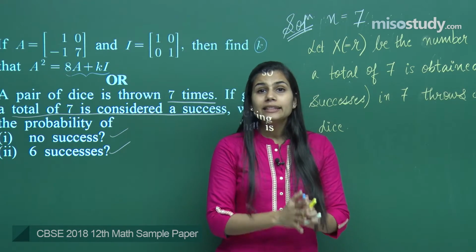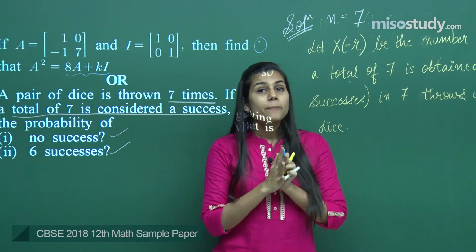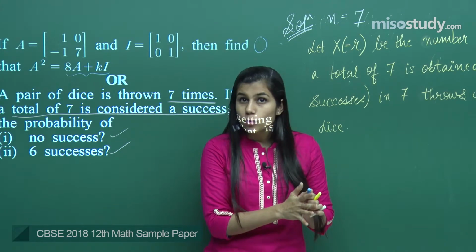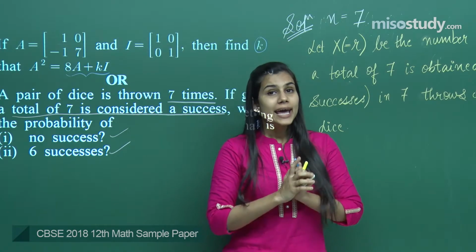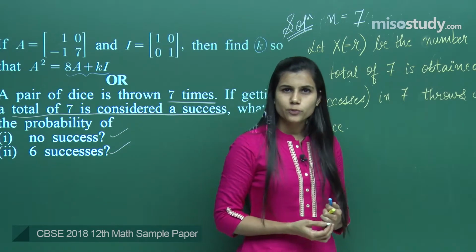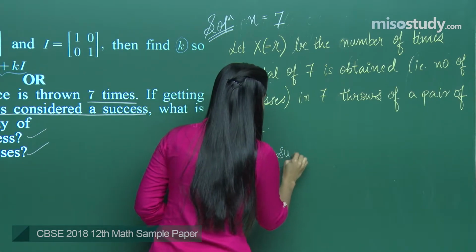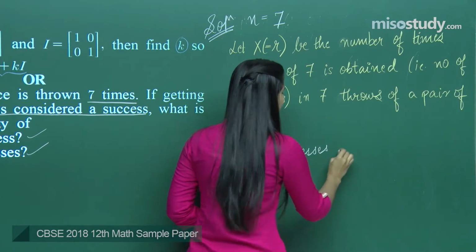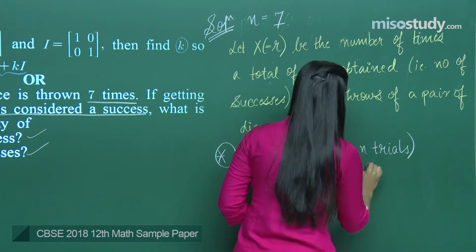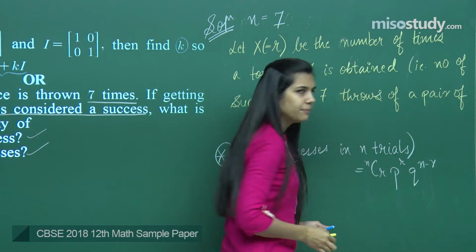Therefore, by the law of addition in probability, the probability of r successes in n trials is equal to nCr p to the power r, q to the power n minus r.